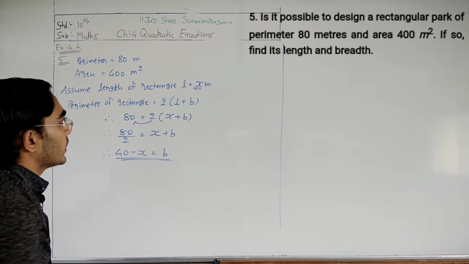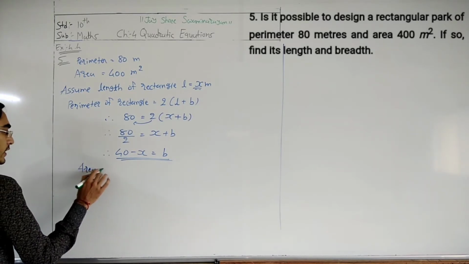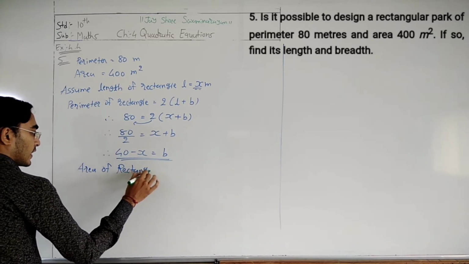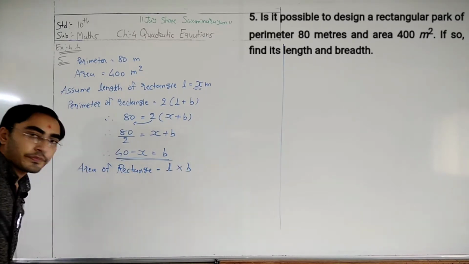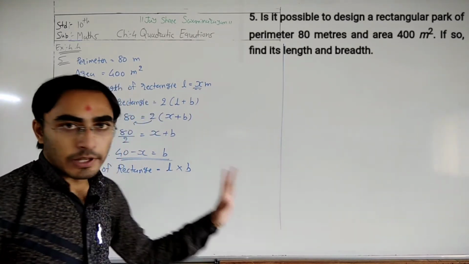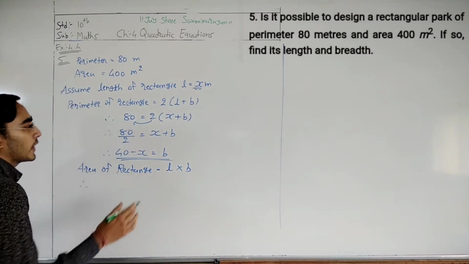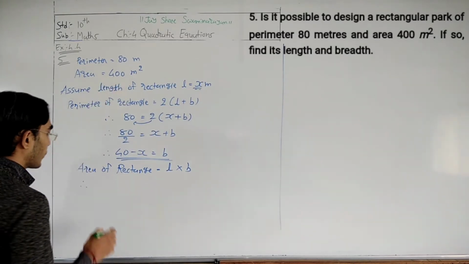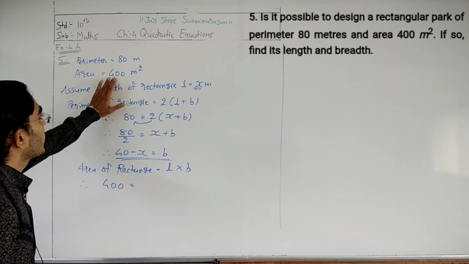Now put the formula of area of rectangle. What is the formula of area of rectangle? It is length multiplied by breadth. Area of rectangle is given to you as 400 meters square, so put the value of area here, 400.